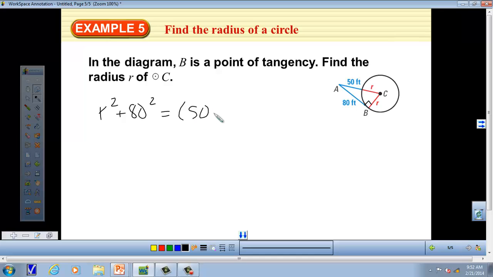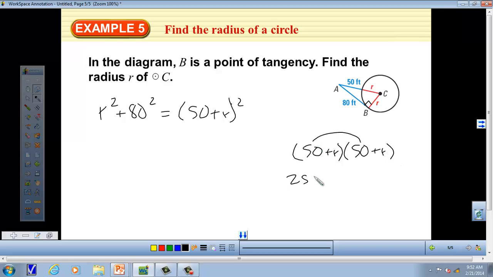So we put 50 plus r in there. Sorry. And make sure when you do this, what you're actually doing is 50 plus r times 50 plus r. And you're doing FOIL to solve this.